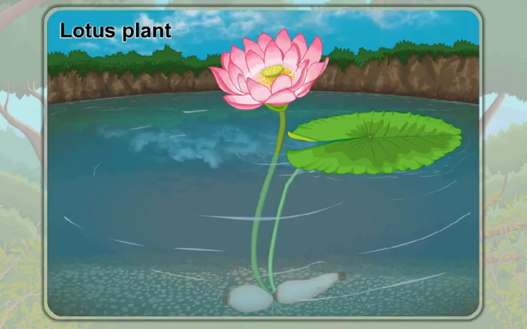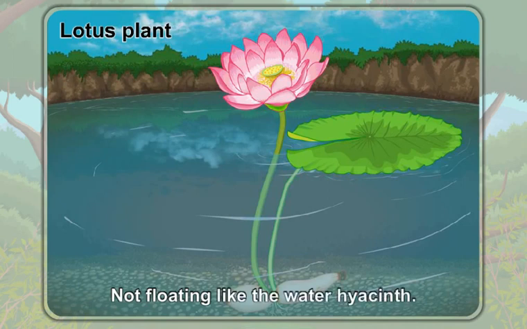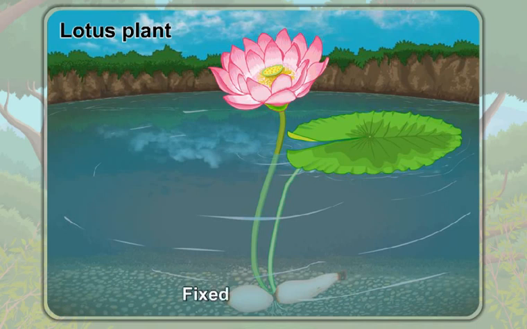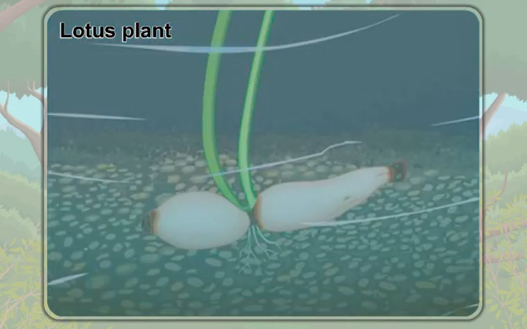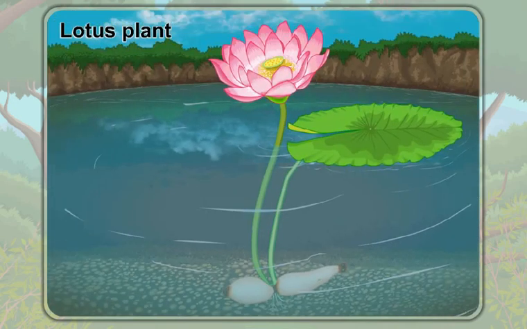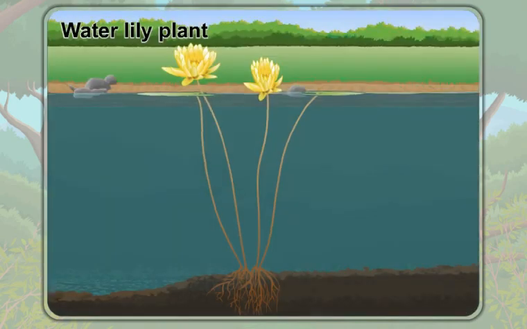Now, look at this lotus plant. It is not floating like the water hyacinth. The lotus plant is fixed at one place. It remains fixed on the mud at the bottom of the pond. Like a lotus plant, a water lily plant also does not float.